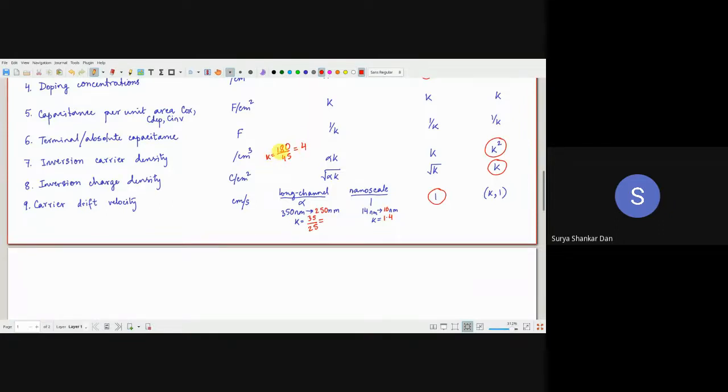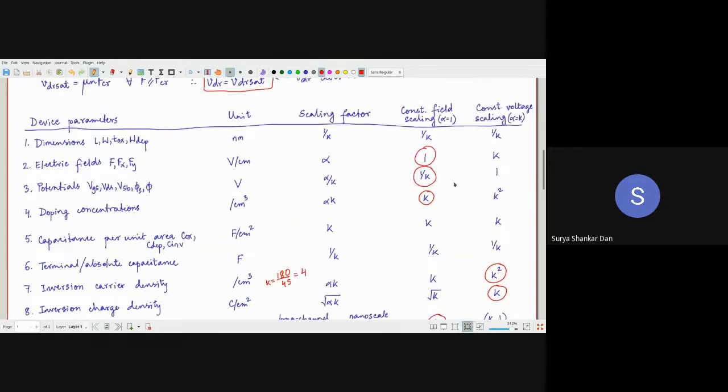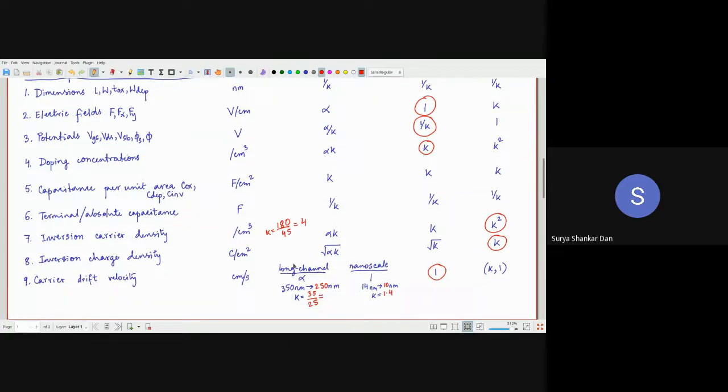That means you are reducing the circuit device dimensions by 4 times. Then if you try to make the circuits, you will notice that your doping concentration and everything will get screwed up. So accordingly, you will have to change those dimensions and those device properties, which will essentially lead you to better circuit performance.